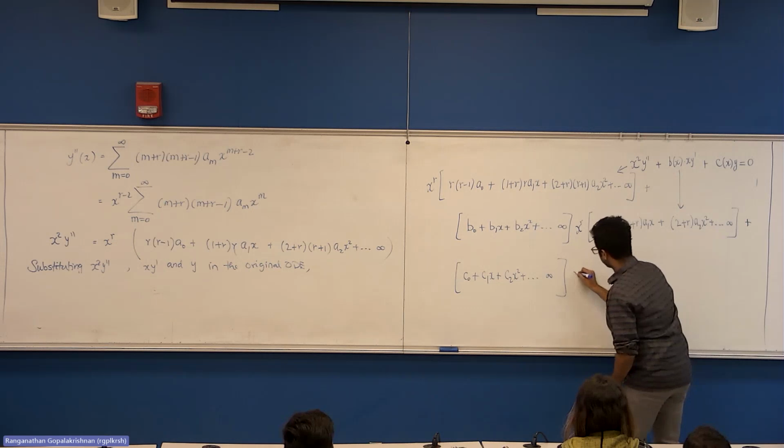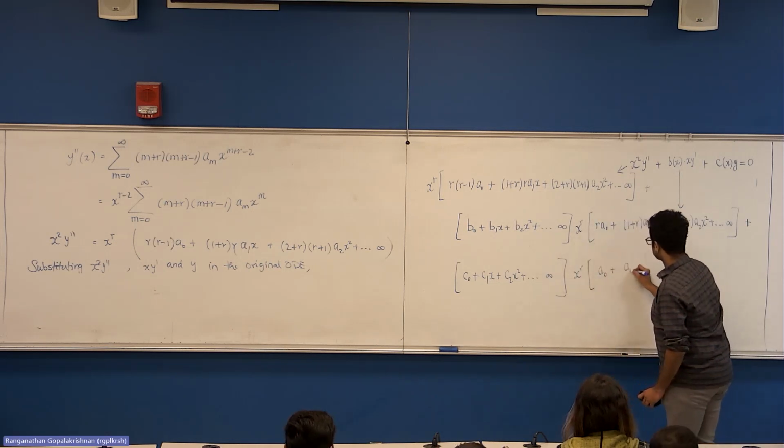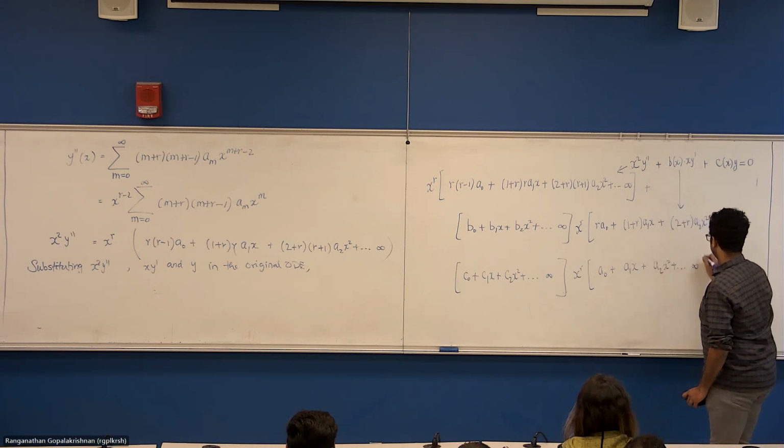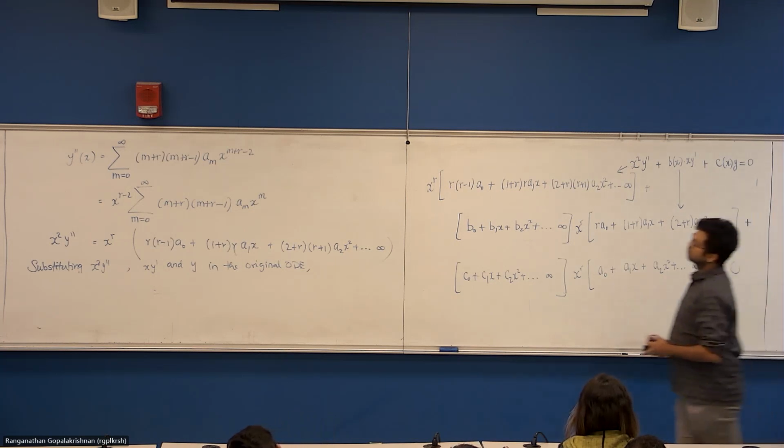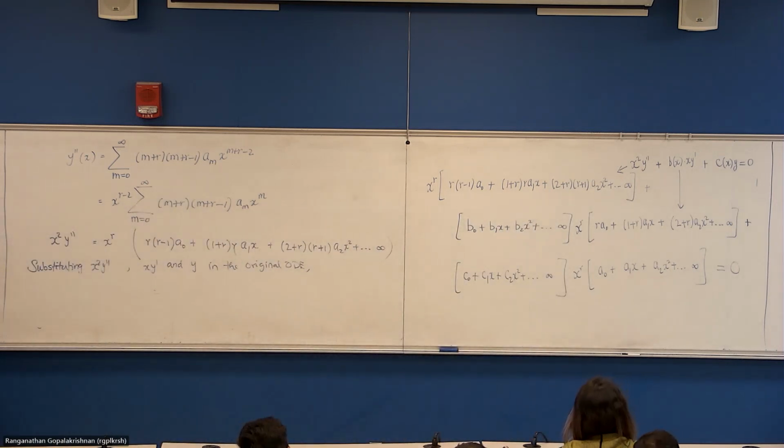What is y? y is x power r times a naught plus a1 x plus a2 x squared, equal to 0. Okay, are we all up to here?